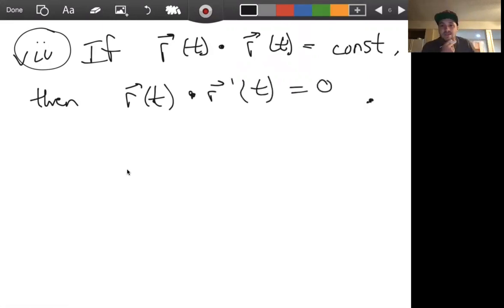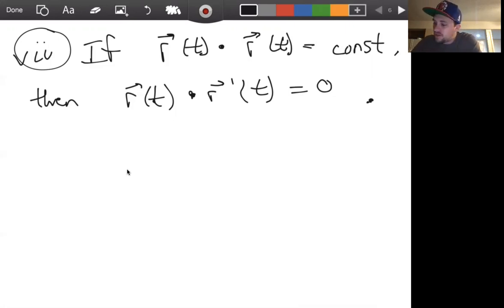This is a nice property that can come in handy, especially in a physics application. But I think it's a worthwhile thought exercise for you to use your knowledge of the dot product here and ask, what does this mean? See if you can prove this to understand what's going on here.